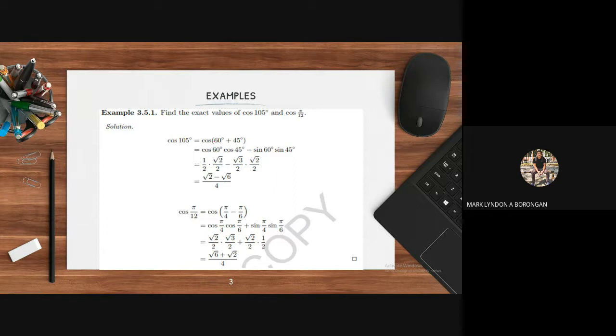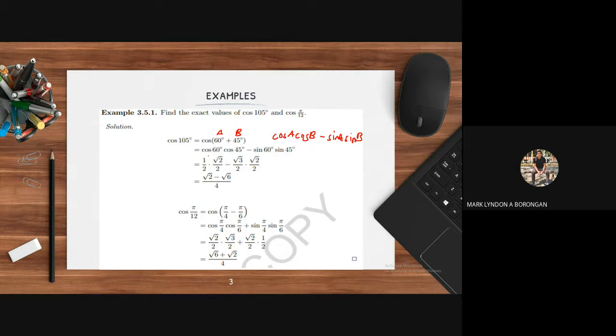So ang cosine of A, muna siya atong A, muna siya atong B. If atong i-write ang atong formula diri, cosine of A times the cosine of B minus the sine of A times the sine of B. Itong first angle is 60, ang second angle is 45.